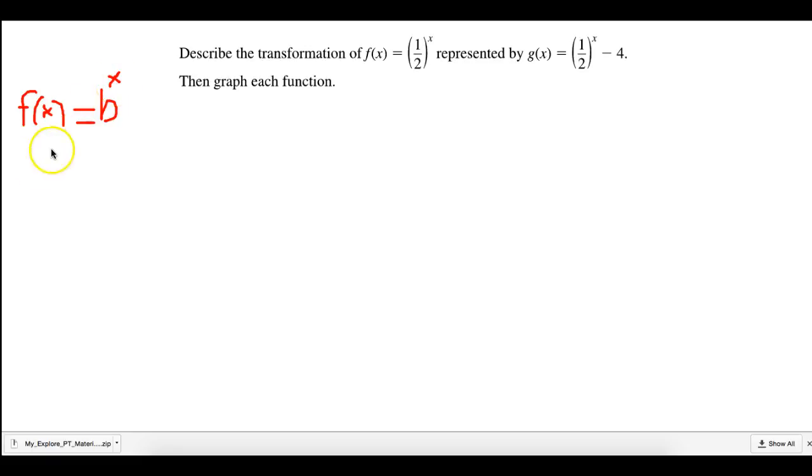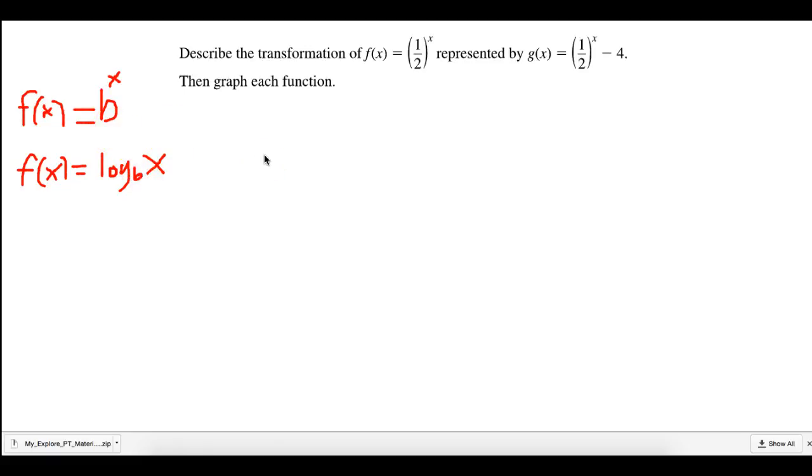Okay, and the same for our log function. Our log is just f of x equals log base b of x. These are both our parent functions. Again, b can be any constant.